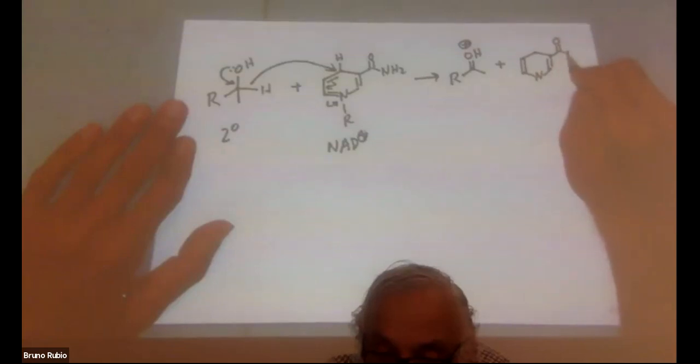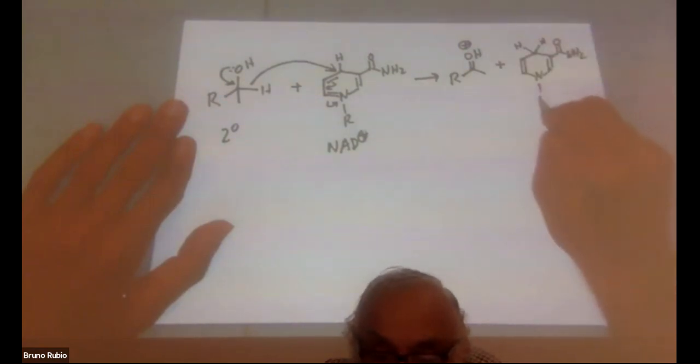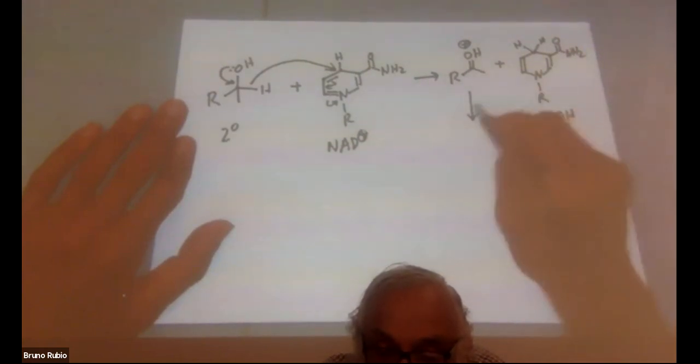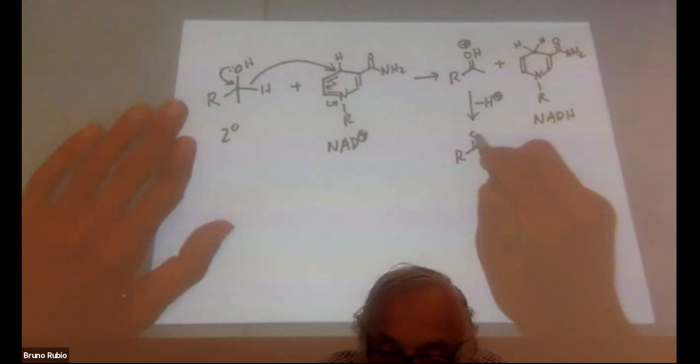Plus, that 12 o'clock carbon now has 2 hydrogens on it. This is called NADH. This guy undergoes a deprotonation to make a ketone.